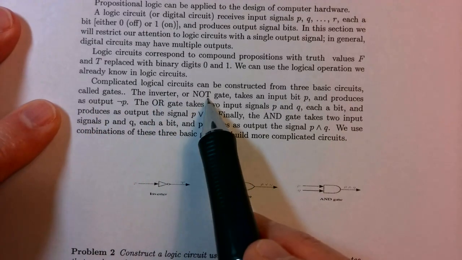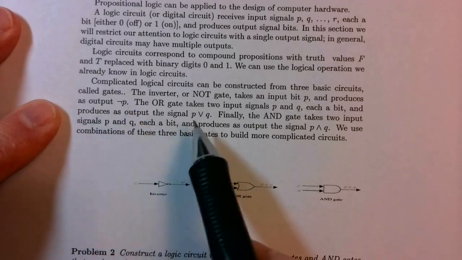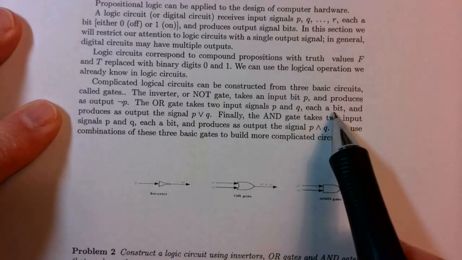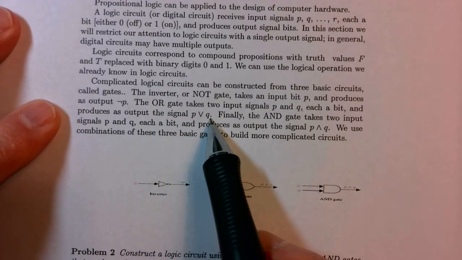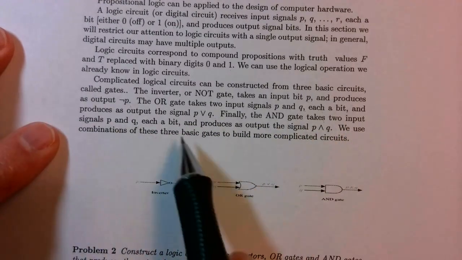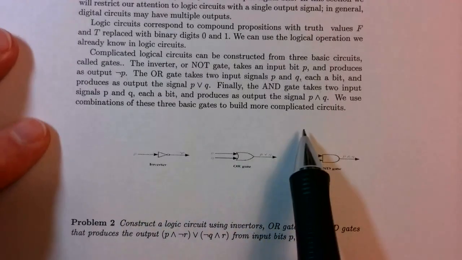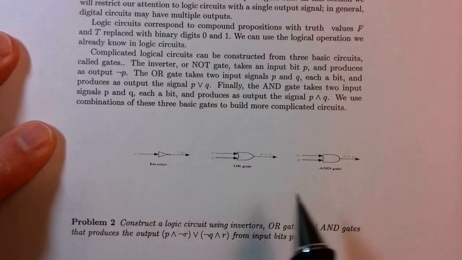The inverter or NOT gate takes an input bit P and produces the output NOT P. The OR gate takes two input signals P and Q, each a bit, and produces the output signal P or Q. And finally, the AND gate takes two input signals P and Q, each a bit, and produces the output signal P and Q. We use combinations of these three basic gates to build more complicated circuits.